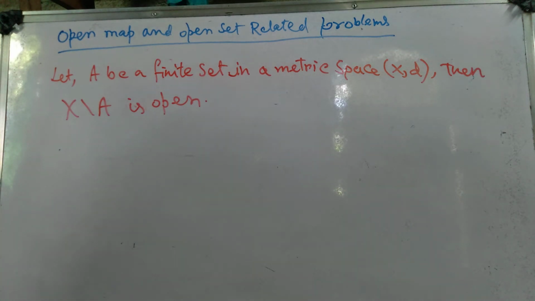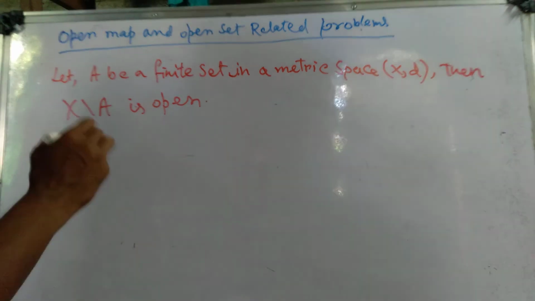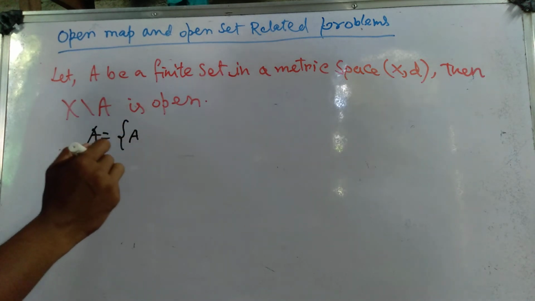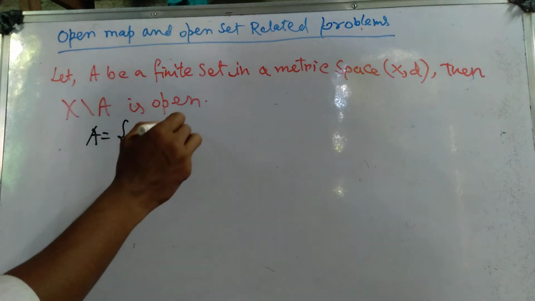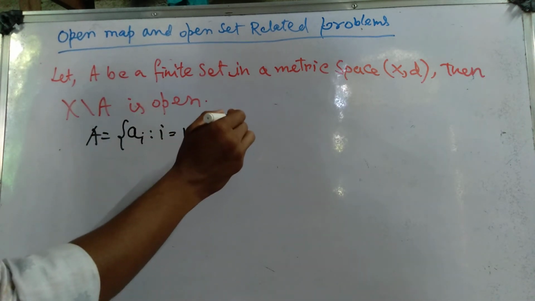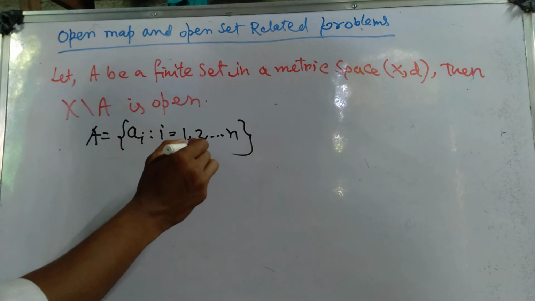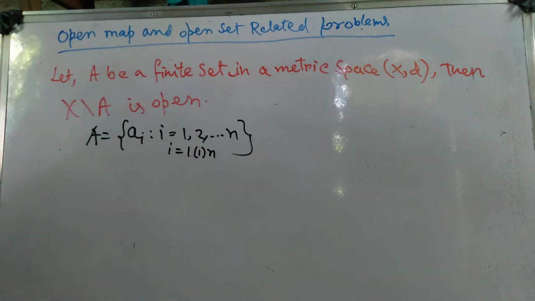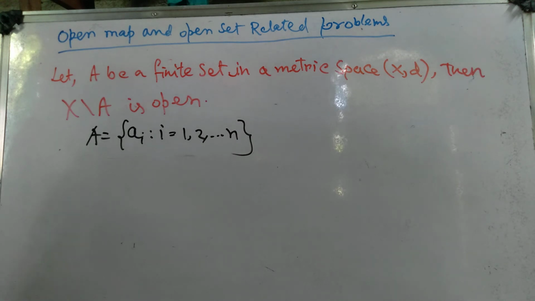So how do we handle it? We simply write A equal to {a_i}, i equal to 1, 2, ..., n, or in this way i equal to 1 to n.